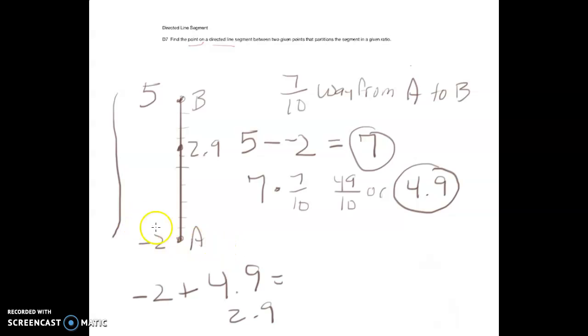Okay, so that would be -2, -1, 0. No, that's not right either. Divide that into 10. No, that is right. Okay, but those numbers are not going to exactly line up. Anyway, 2.9 is the answer. Sorry for all that thinking. Okay, now we're ready for like the real deal.